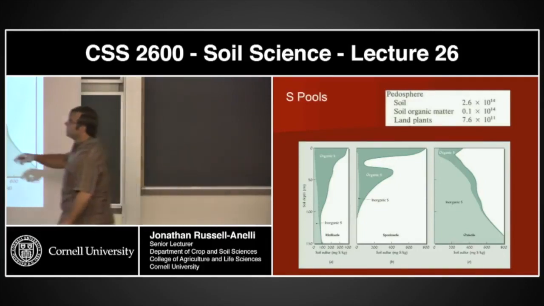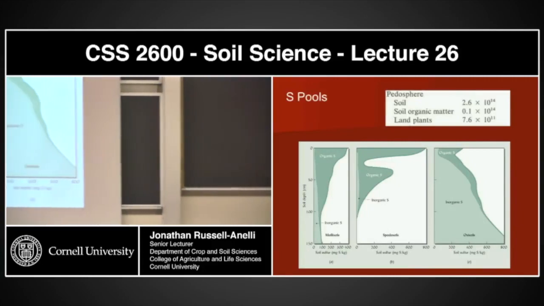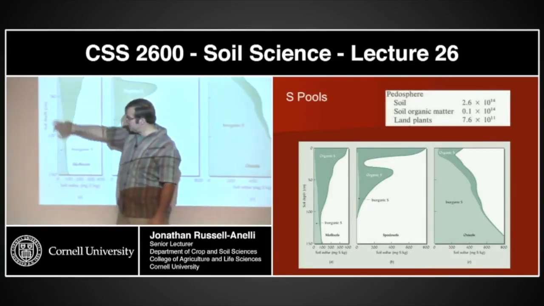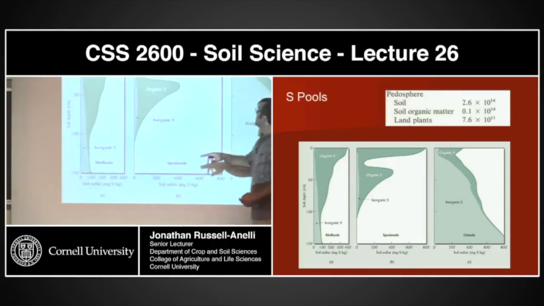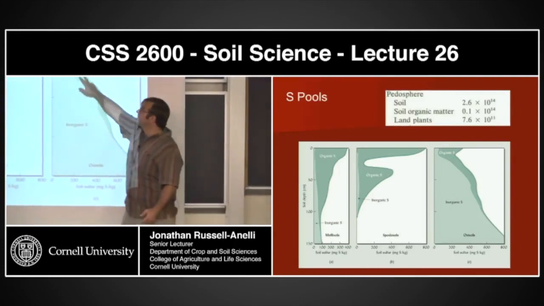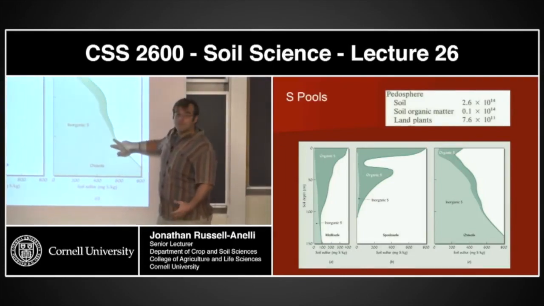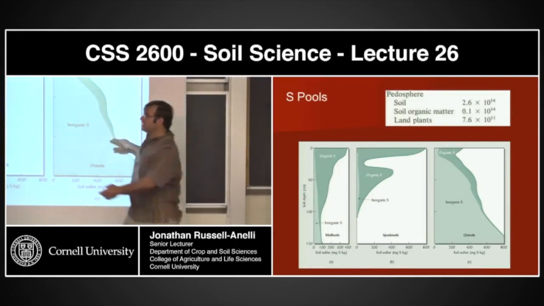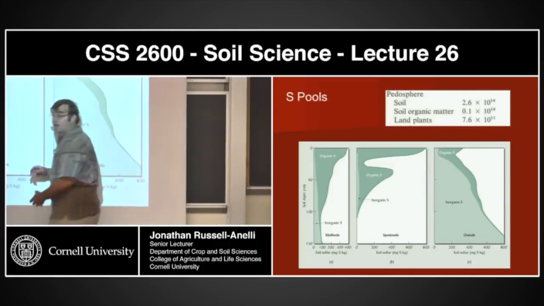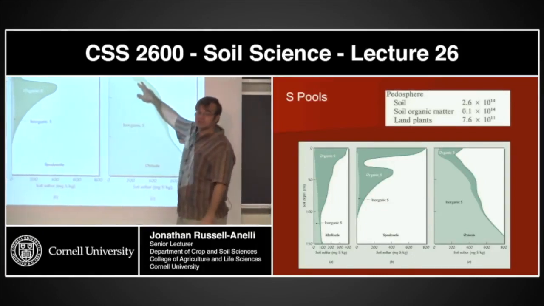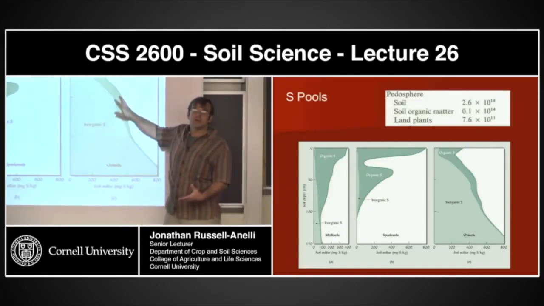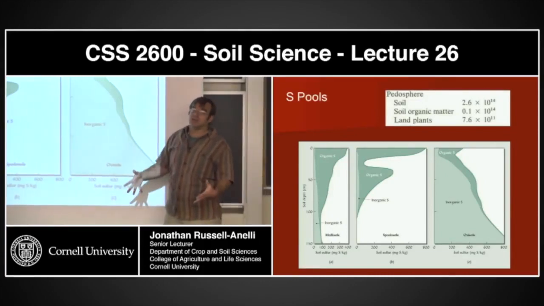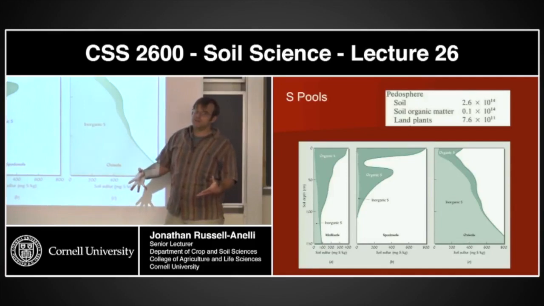So this pool right here, the sulfur is associated with organic matter. This pool right here, the sulfur is not associated with organic matter. Does that make sense? Because of the amount of biomass in this system versus this system that's actually in the soil, the vast pool of sulfur in this case is not associated with organic matter, just because there isn't any organic matter. Does that make sense?